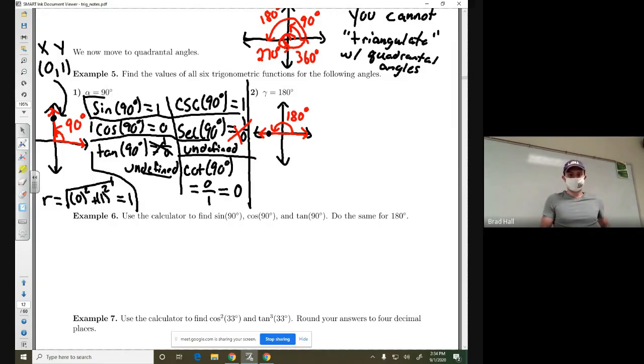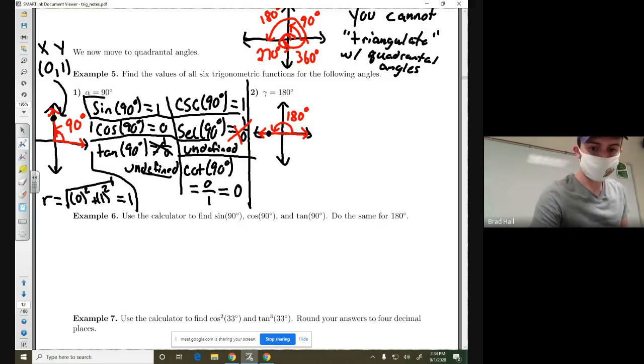And generally, if this was not a quadrantal angle, you would drop from that point to the x-axis to form a right triangle. But there's no height. There's no ability to form a right triangle because we're missing the dimension of height. So we would not be able to have a triangle with any height.